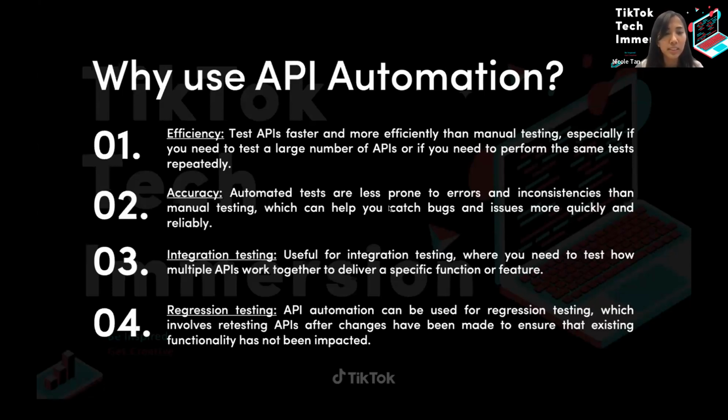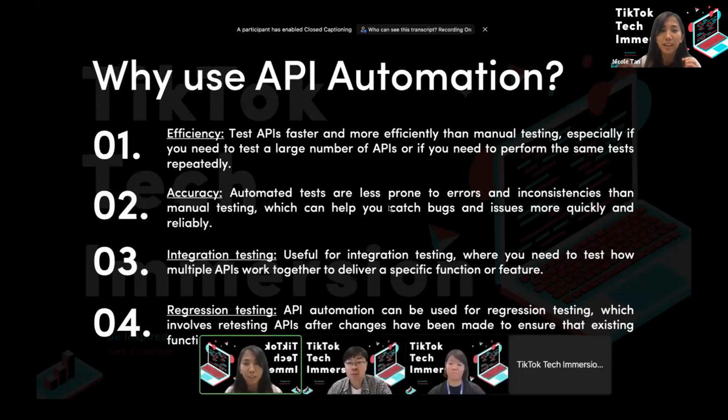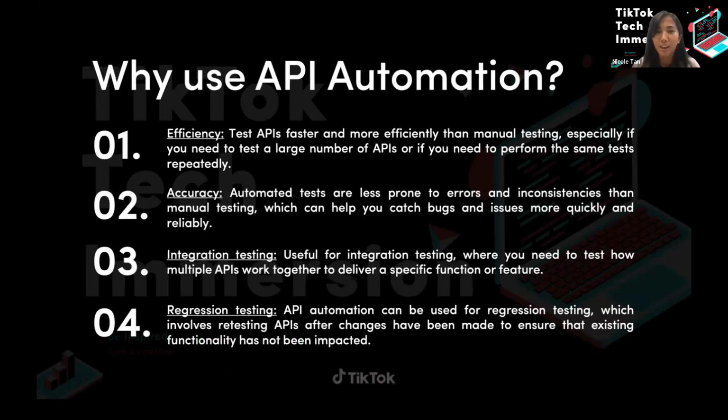The third one is integration testing. Because now, as you guys know, maybe in the backend section, the backend is very complex. There are many microservices working together. So API testing helps with integration testing because there are different services in the backend working together.